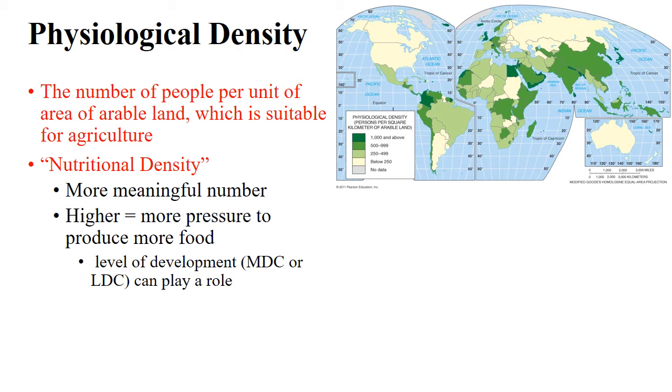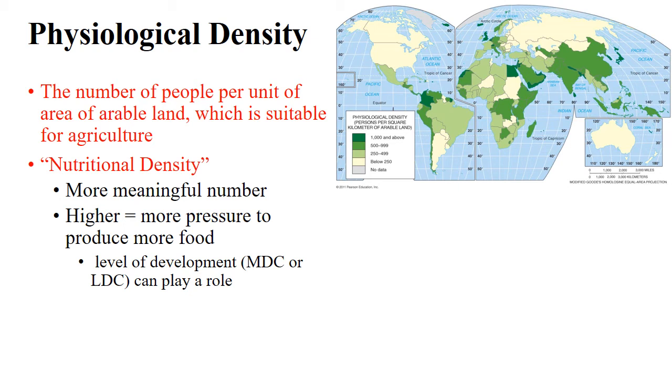What we can see, though, is that a country with a high physiological density, someplace, again, maybe like Bangladesh or Egypt or the Netherlands, indicates that a country needs high crop yields to reliably supply its own food, right? It means that a lot of people in that country are dependent on each acre of arable land, whatever amount of land.